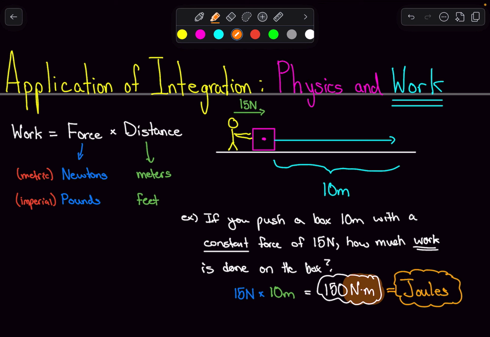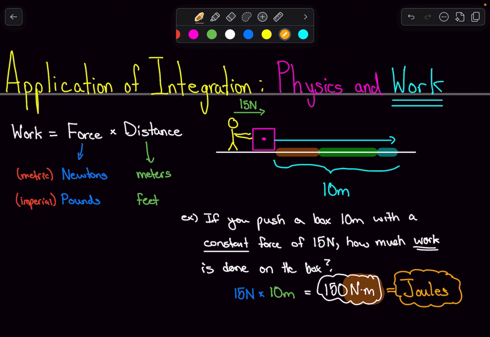The process for doing this is fairly straightforward. The idea of calculating work seems to make sense. But the problem is that in the real world, it is very likely that as we're pushing this box, we're going to encounter different stretches here that maybe have different amounts of friction and are going to require different amounts of force.